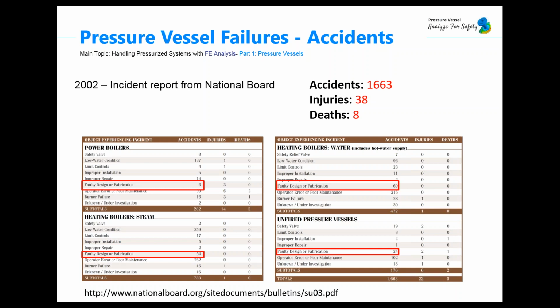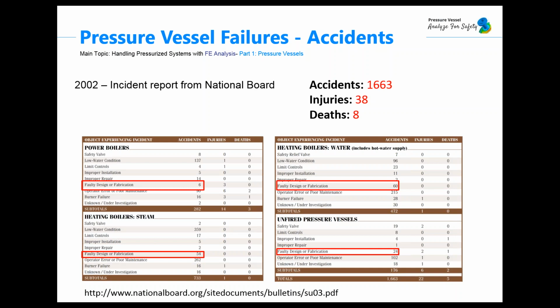Reported data shows us that most pressure vessel accidents come from operator error or poor maintenance, but accidents caused by wrong design and fabrication are still present even these days, and they cannot be trivialized, especially with regard to unmeasurable consequences of failures like serious injuries or loss of human life.